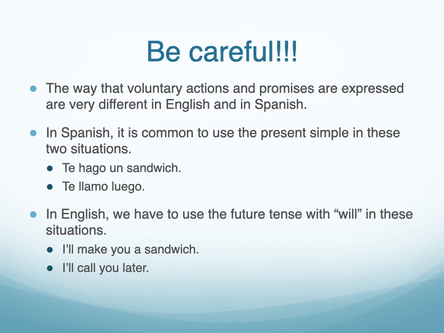So be careful and try to avoid translating directly from Spanish to English, because in situations like this, it doesn't work and you'll end up sounding kind of funny if you say, "I make you a sandwich" or "I call you later," because we need to use will. I'll make you a sandwich, or I'll call you later. So just be careful with that.